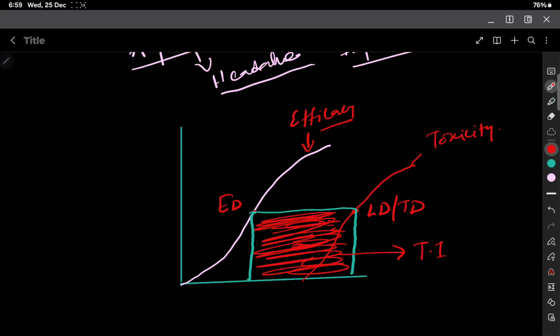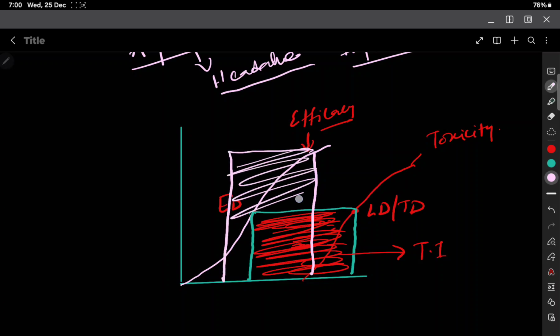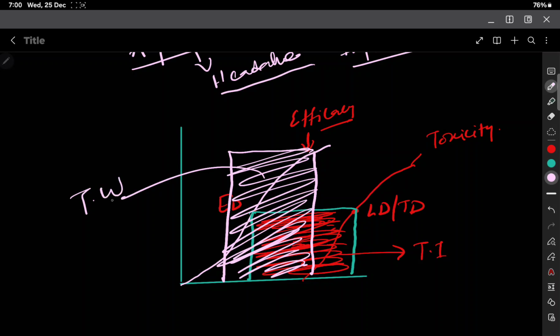Okay, now the second one is the therapeutic window. So this was the efficacy. If I draw it like this, this white area will be called the therapeutic window.